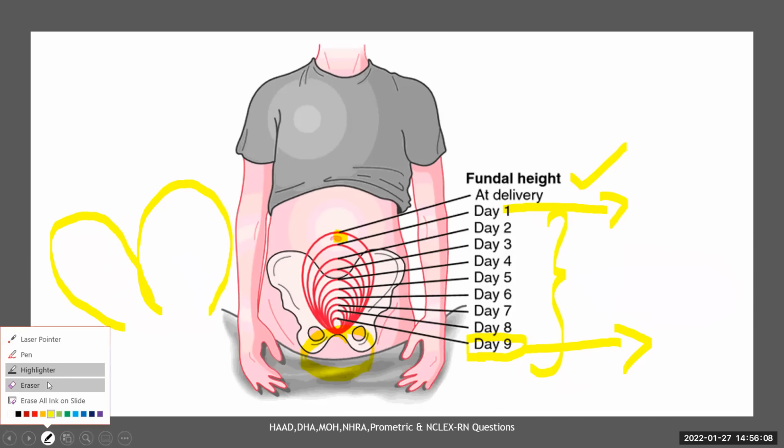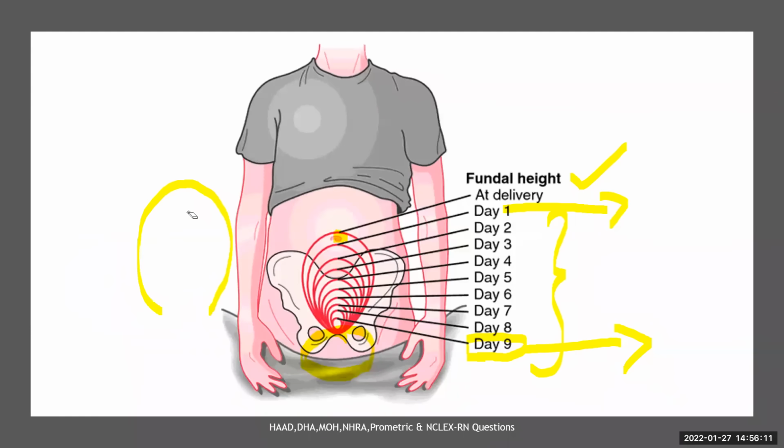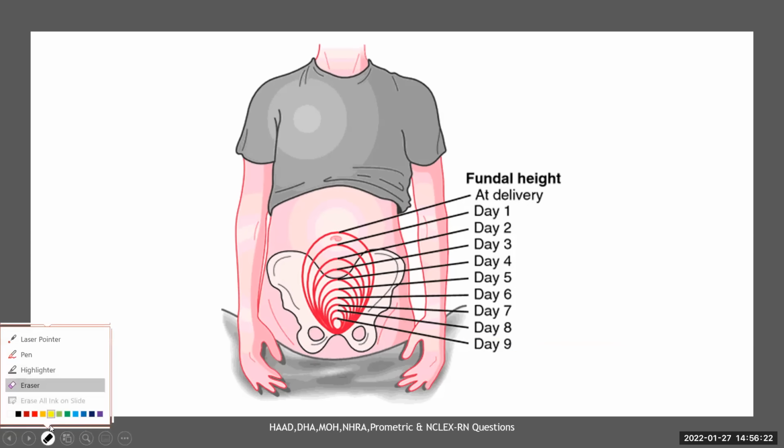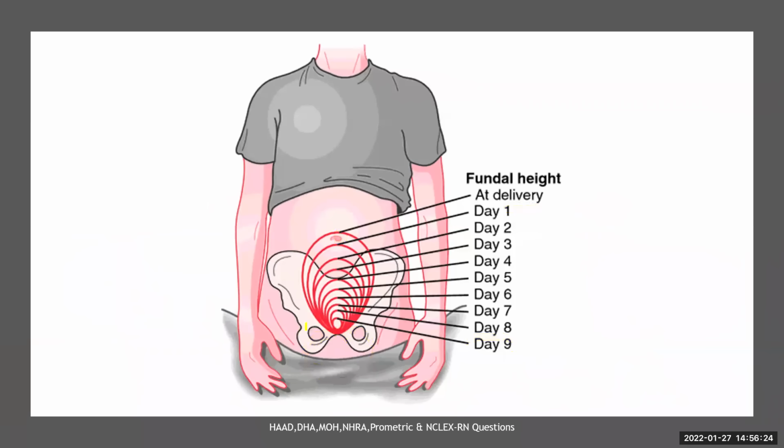I repeat, usually after delivery, the fundus will be at the midline and at the umbilicus. A slightly deviated or tilted fundus indicates that the bladder is full and has come into the abdominal cavity. So how do you manage? You have to empty the bladder.